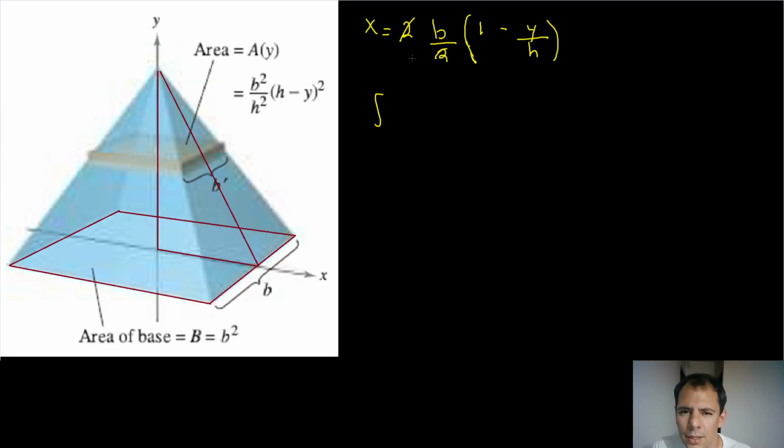And what is x? It is b times 1 minus y divided by h, okay? Now the b is a constant. I can just put it here. And then I can do 1 minus y divided by h. Well, it's squared, right? Yes, it's squared. It's one thing that I forgot. Let me think here if I want to do this.